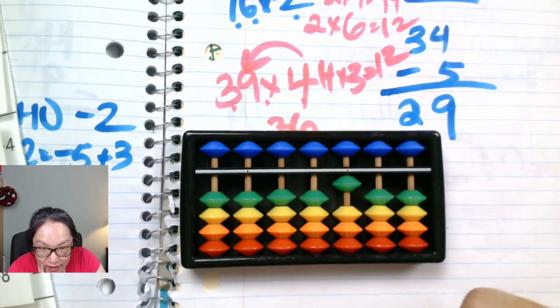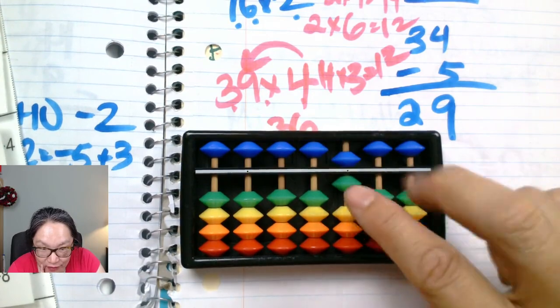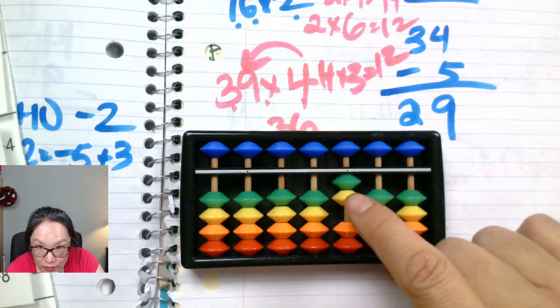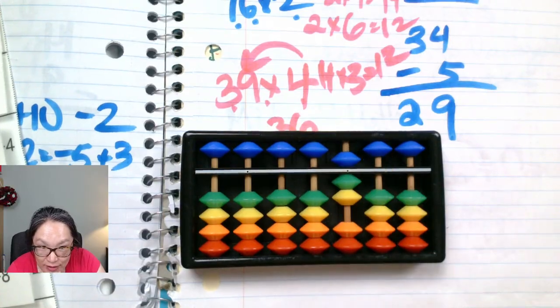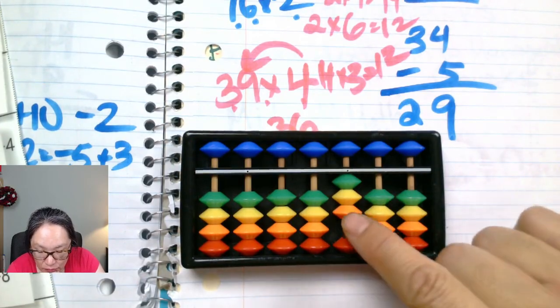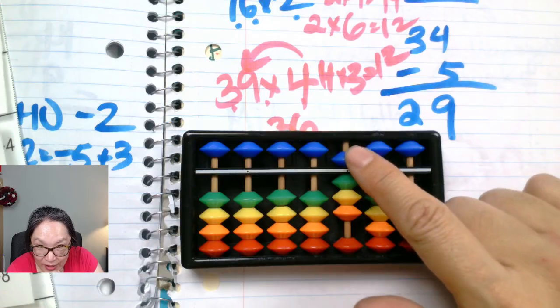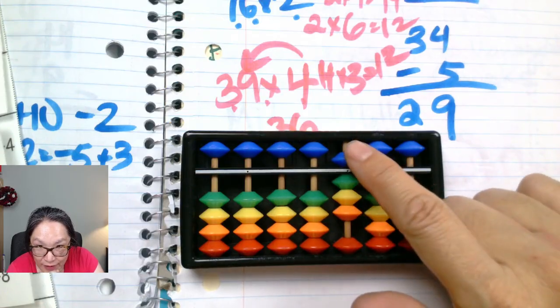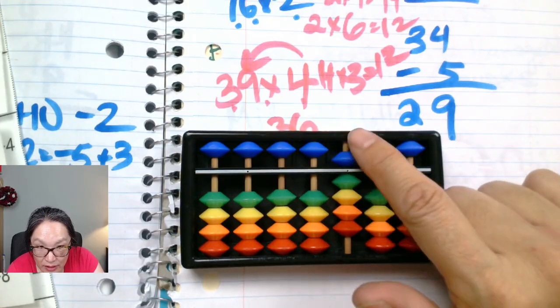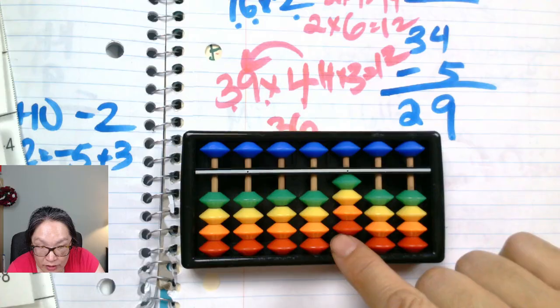If I do 1, I'm going to add 5. Now we have 6. We have 2. We add 5. Now we have 7. We have 3. We add the 5. Now we have 8. 5 plus 3 is 8. And then 4.